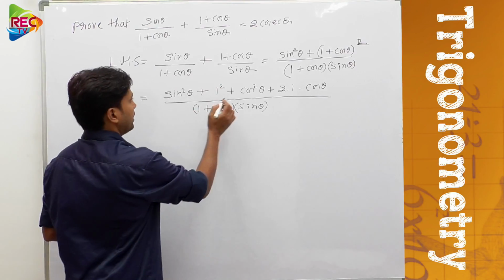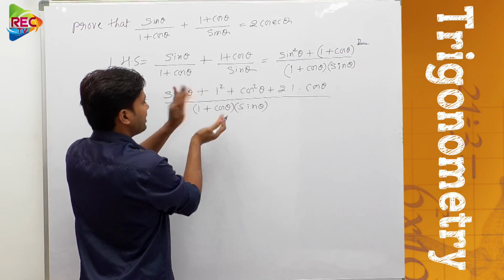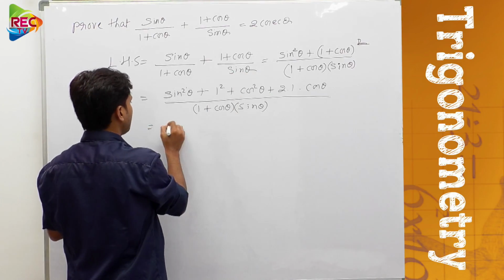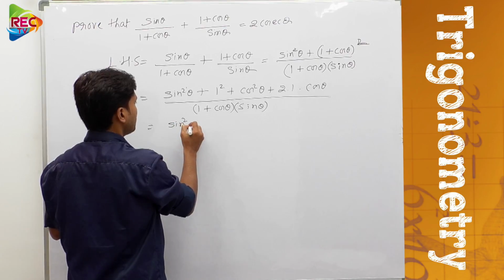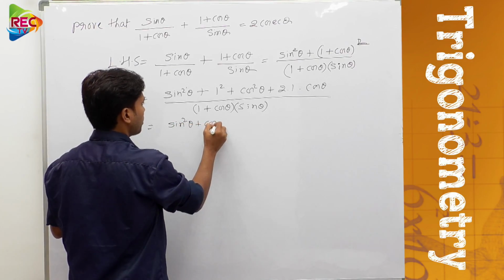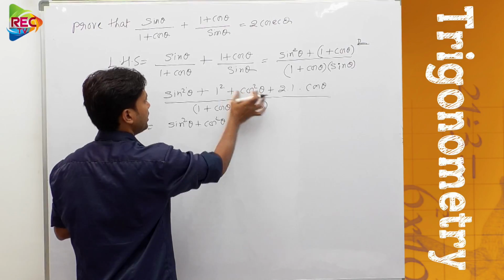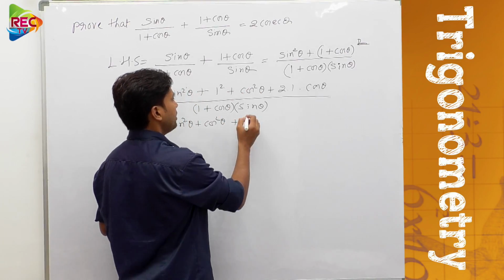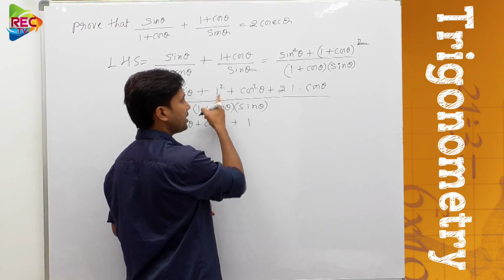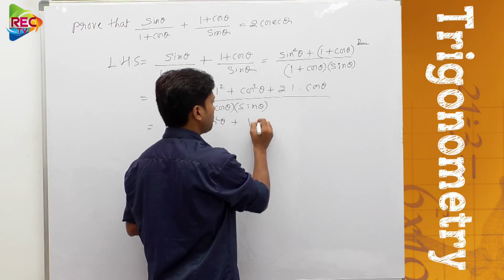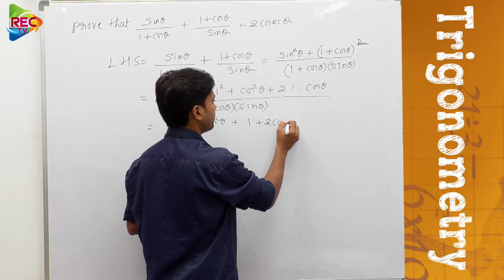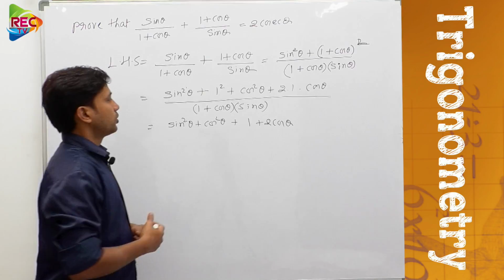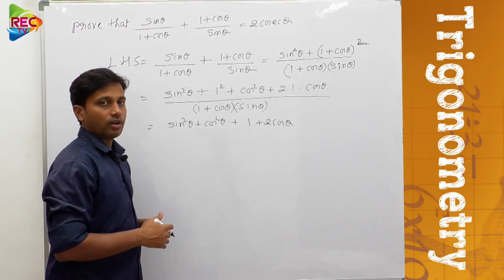So now here we can rearrange the terms. Just see here, you put together sin square theta plus cos square theta, rearrangement of the terms. These two terms are put together. Okay, now here 1 is left over, 1 square is 1, and 2 into 1 into cos theta would be 2 cos theta. So now numerator part is solved.